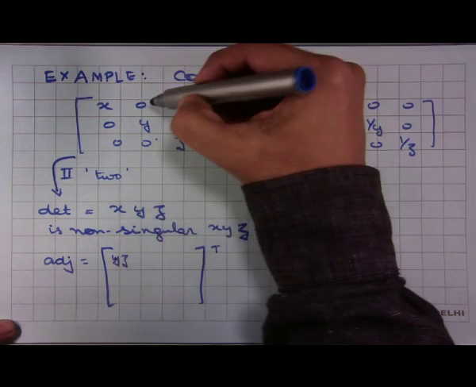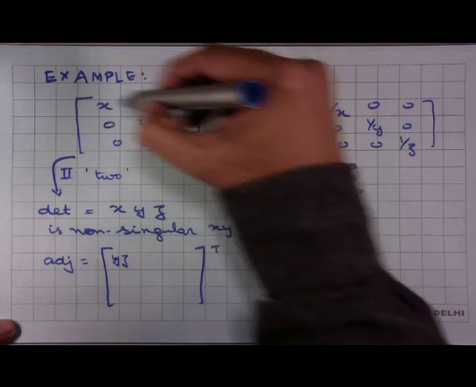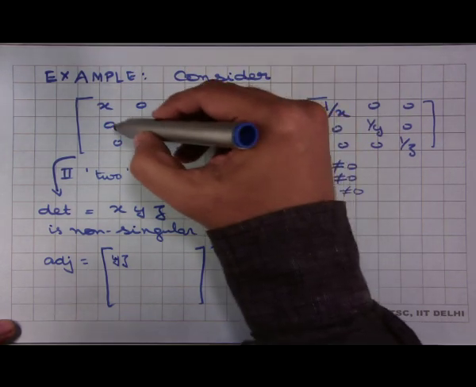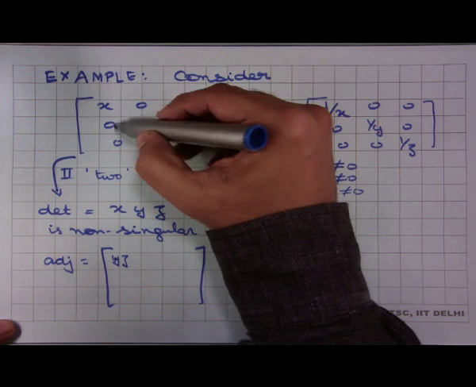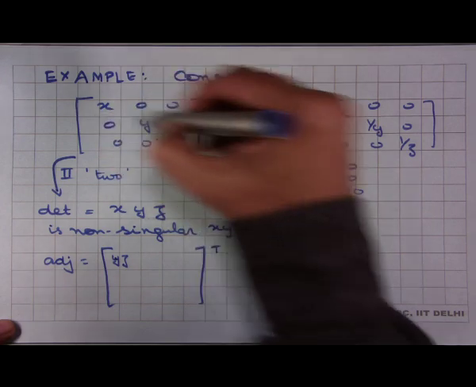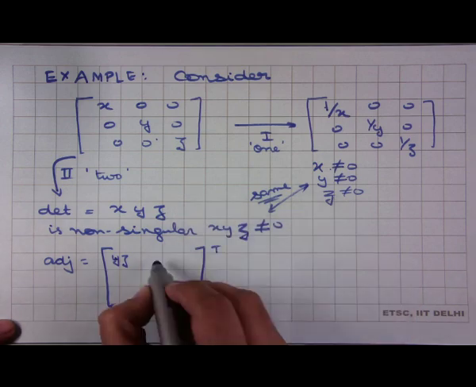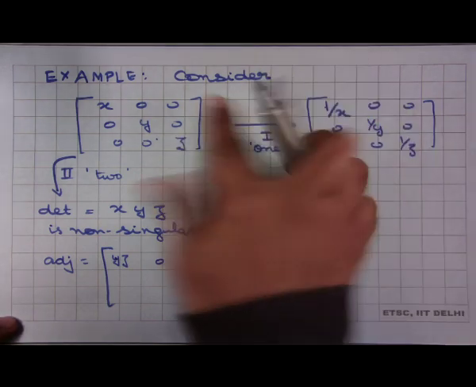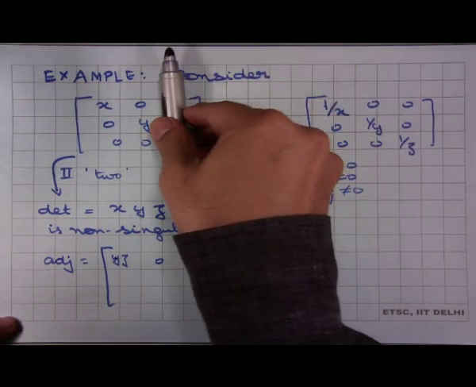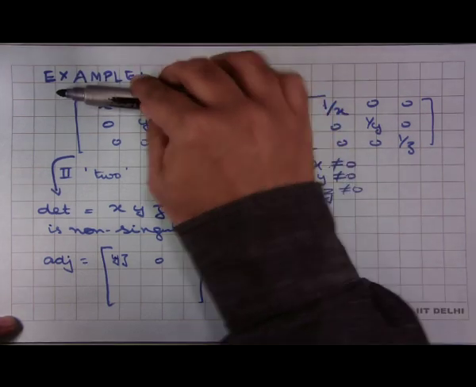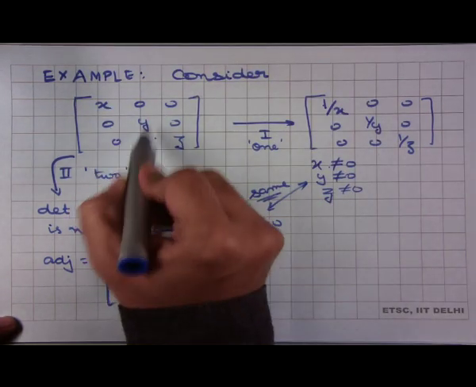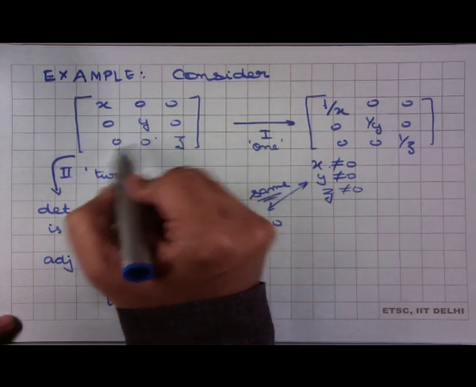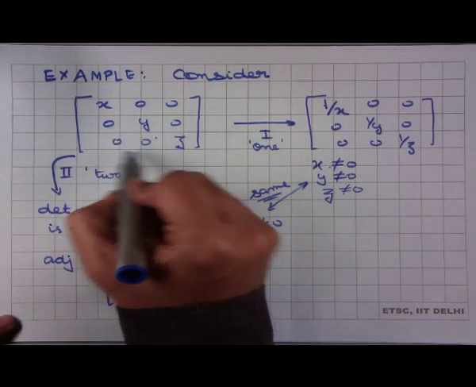What about here? Well, you see, if you just black out this row and this column, you are left with a matrix which has 3 zeros, in fact one row identically 0, and so that is going to be 0. Same over here. So, for example, if you black out this column and this row, all we are left with is these 4 elements. There are a number of ways to use the properties to say that the determinant of this thing is 0.